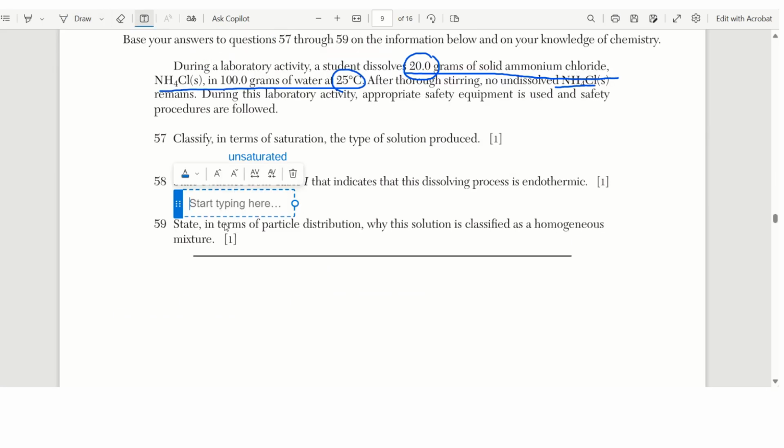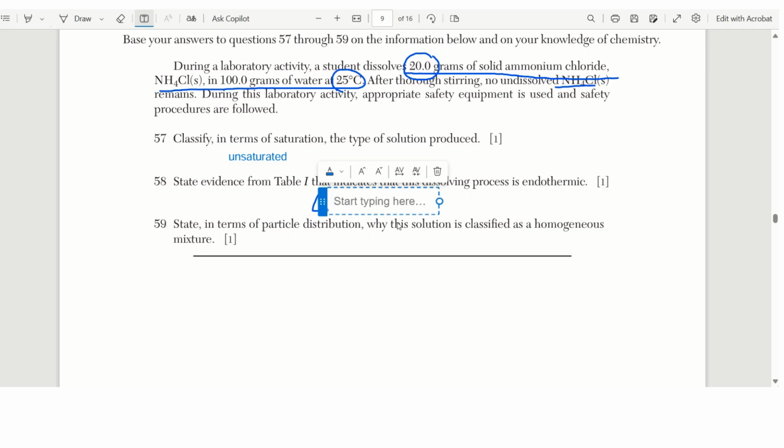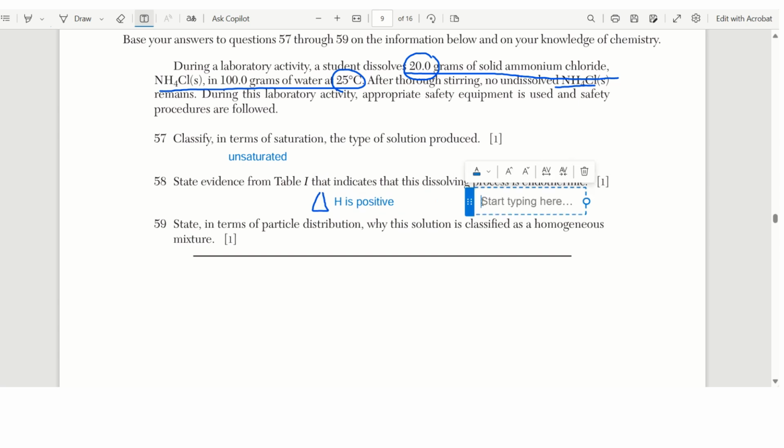So delta H, let me just draw it because it gives me a hard time this way. Delta H is positive. You could even identify exactly what positive it is. So positive 14.78 is the value of delta H, or triangle H, okay?